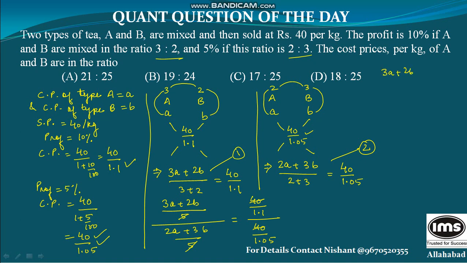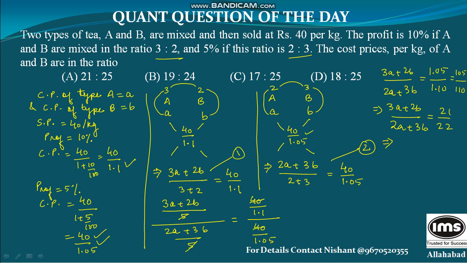This gives me 3A plus 2B divided by 2A plus 3B is equal to 1.05 by 1.10, which is 105 by 110. So this gives me 3A plus 2B divided by 2A plus 3B is equal to 21 by 22.